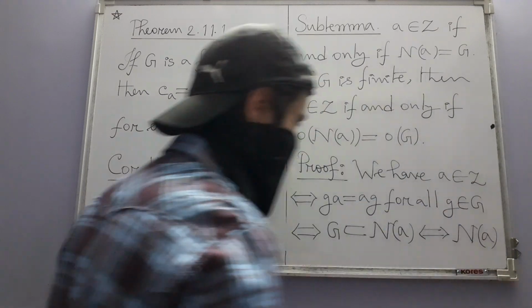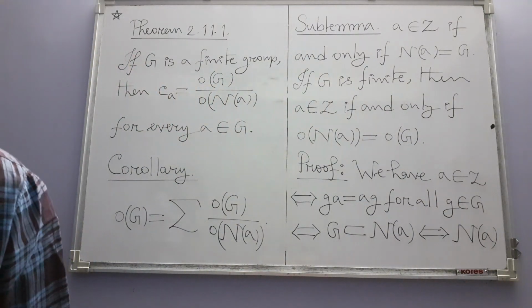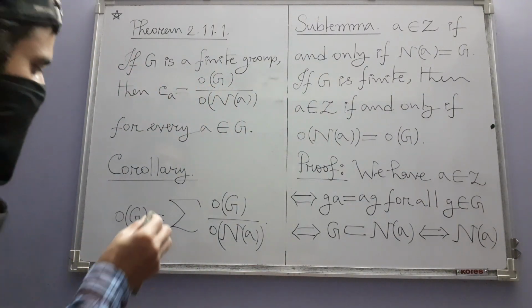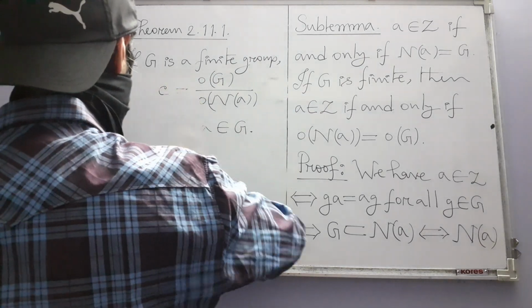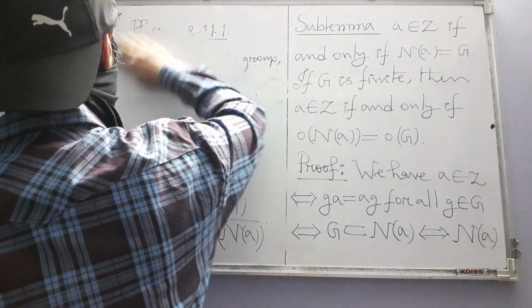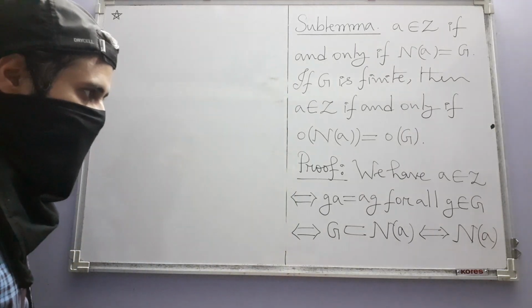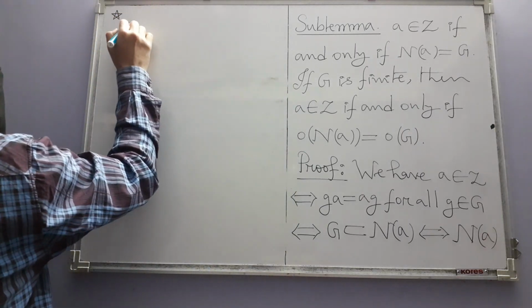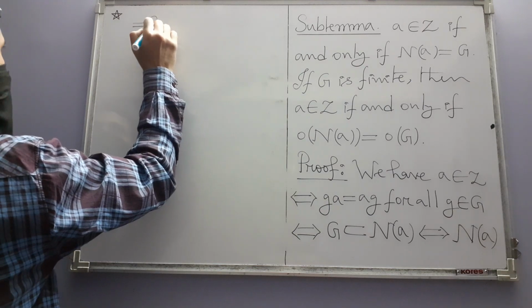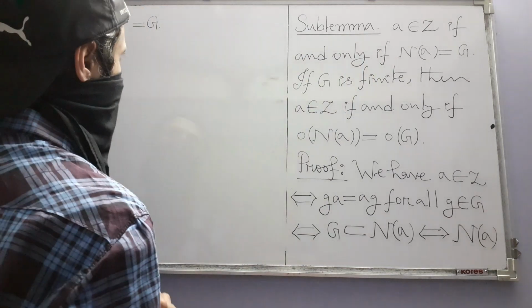That is, when NA is G, then of course G is a subset of NA. So we get the first half.